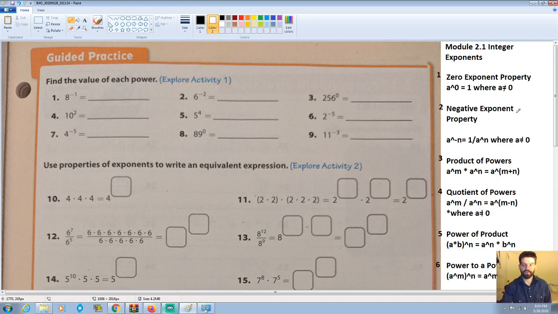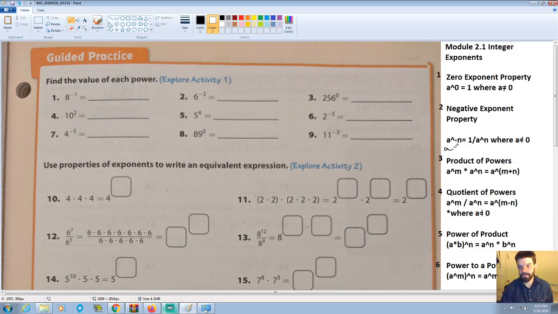The negative exponent property tells us that anytime we have a base taken to a negative power, in order to make it a positive exponent, we're going to change the orientation that it's in with respect to the fraction itself. So for example, if you had a to the negative 2, let me go ahead and type that.